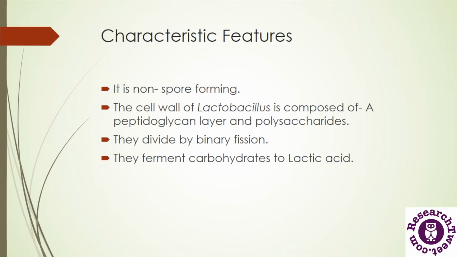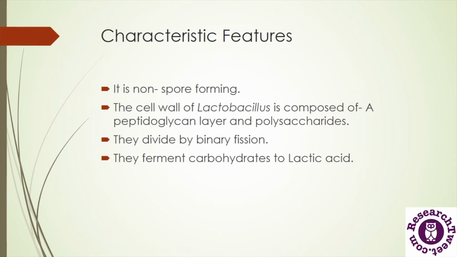Now let's discuss some characteristic features of Lactobacillus bacteria. It is a non-spore forming organism, that means it doesn't form spores. We know that bacterial organisms, prokaryotic organisms and many other eukaryotic organisms also produce reproductive spores to increase their population and for reproduction.